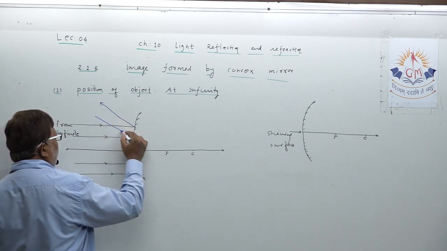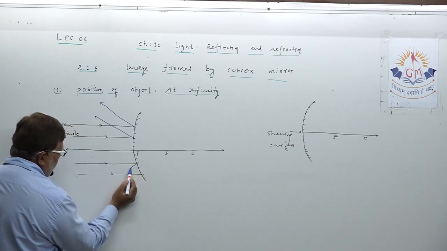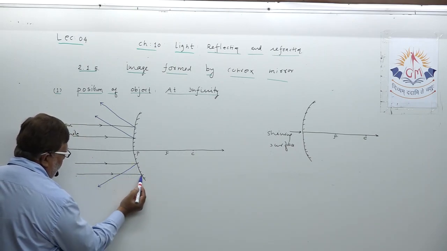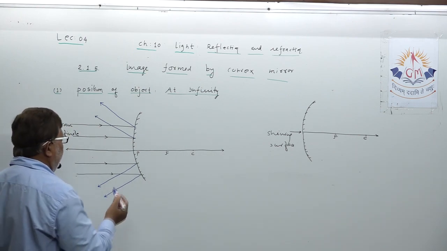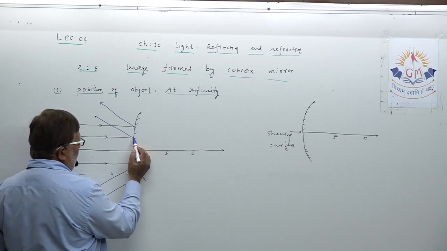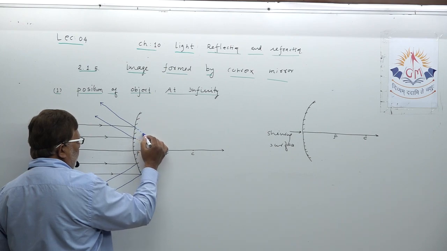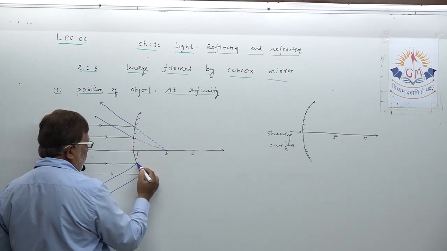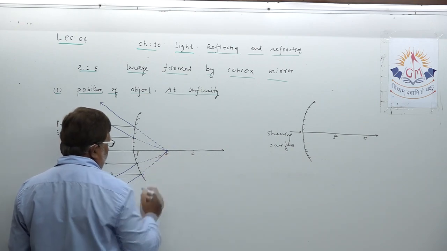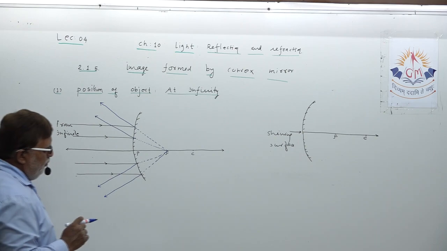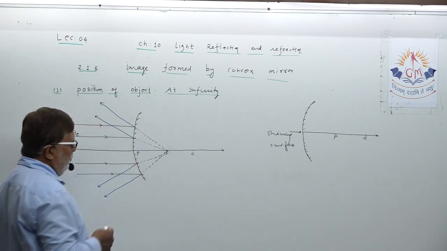Second ray, it is diverging this way. Third ray, diverging this way. Fourth ray diverging this way. But if all the rays are extended behind the mirror, they look to meet, converge at the focus. That means one thing is clear, that the image must be forming at the focus, like in case of a concave mirror.